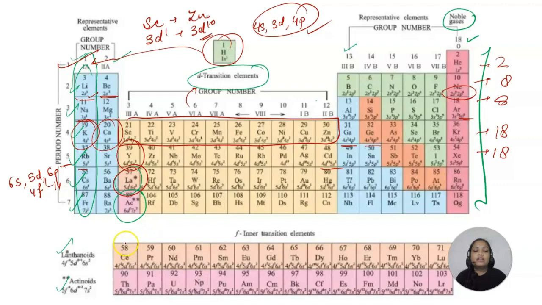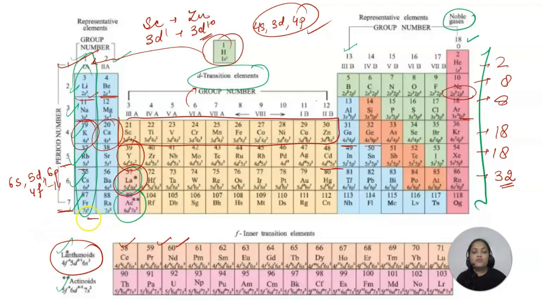These 14 elements are written separately and are called lanthanoids. So a total of 32 elements will be there: 14 extra added to 18 makes 32. These are known as inner transition elements or the lanthanoid series. So in the sixth period you will have 32 elements, because the sixth shell is filling, 6s, 6p, and in addition 5d and 4f will also be filled. The same goes for the seventh period.